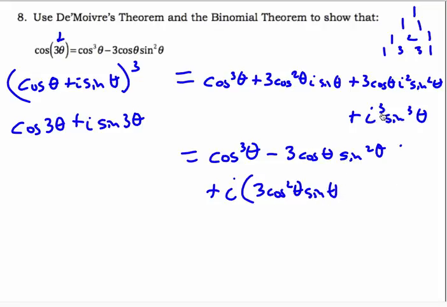It's i squared times i. Oh, the i is already factored out, sorry. So it's going to be minus sine cubed theta. So that's what it simplifies to here.